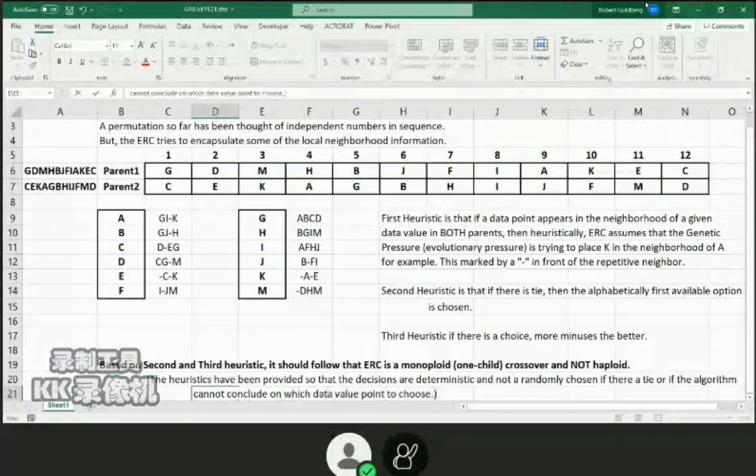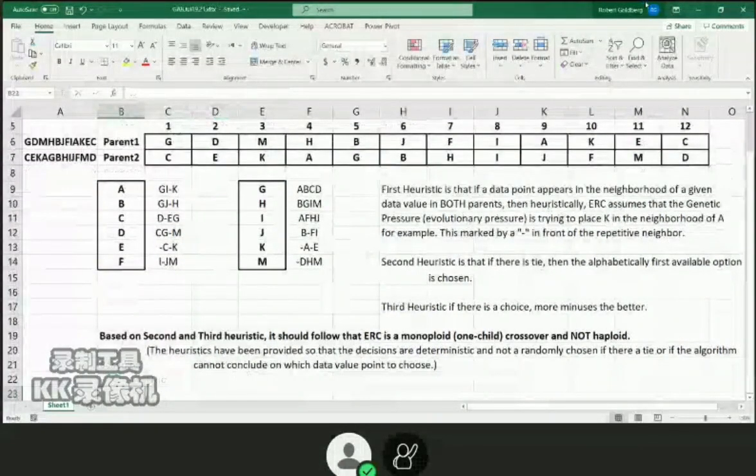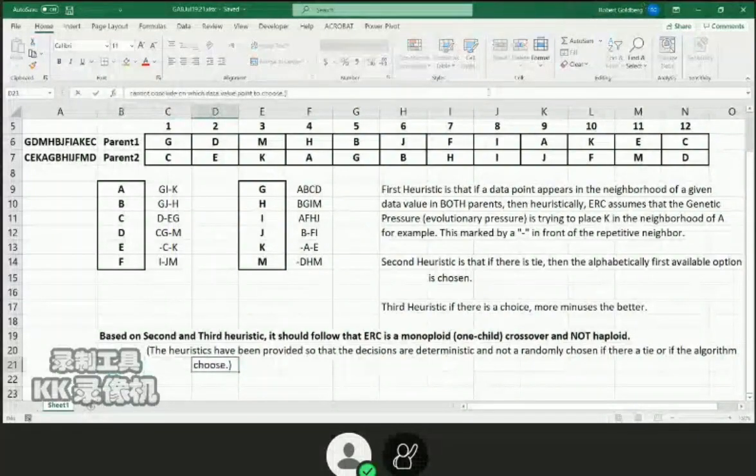Okay, so the point is, the way I presented it, which I believe is the original paper, they didn't want choice. They wanted the heuristics to win over choice. Now I should note the Wikipedia implementation of ERC, meaning their pseudocode, argues with this and resolves ties randomly.